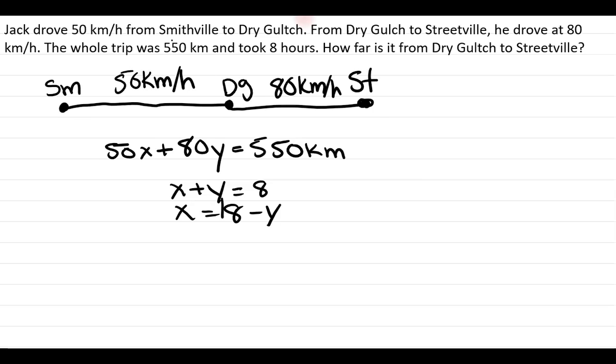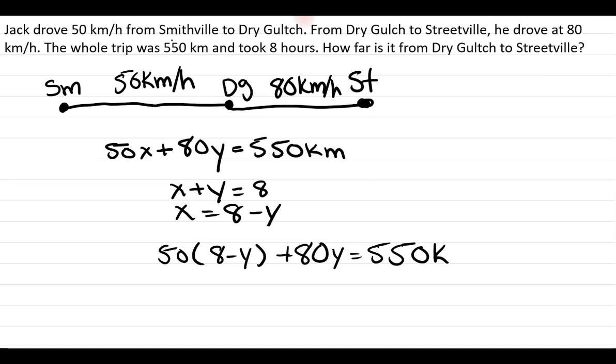Now let's plug in the new value of X in the first equation. In place of X in the first equation, we'll write 8 minus Y. So we have 50 times, in parentheses, 8 minus Y, plus 80Y is equal to 550.